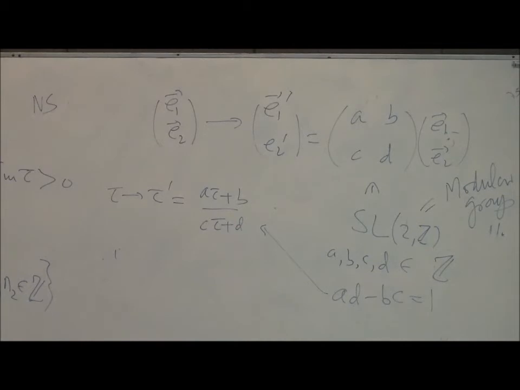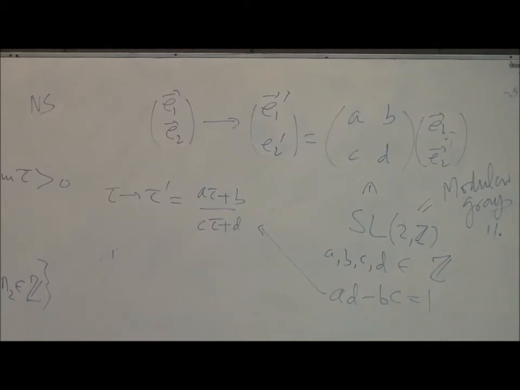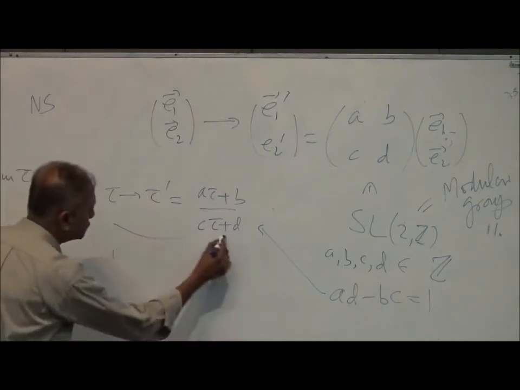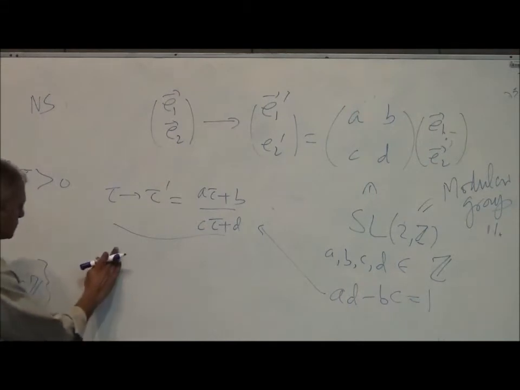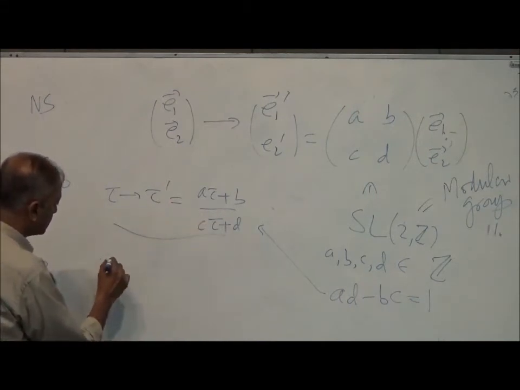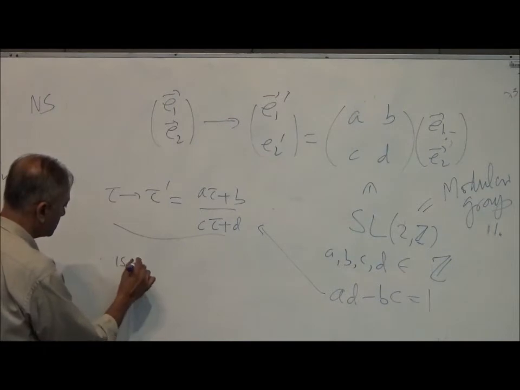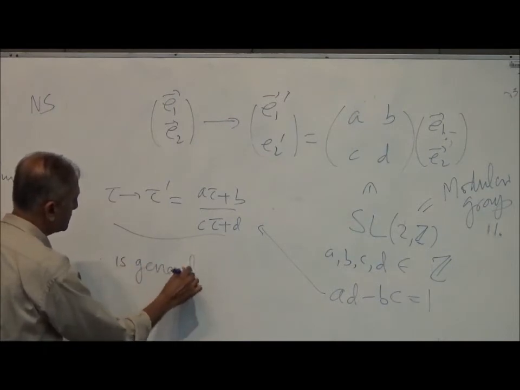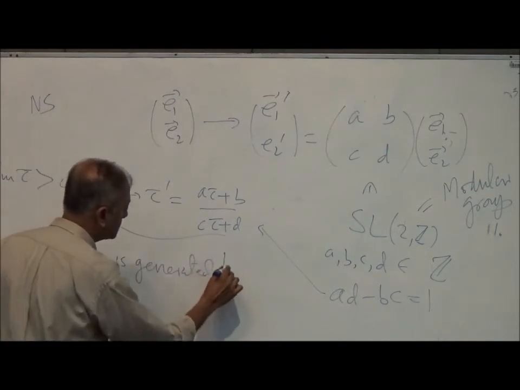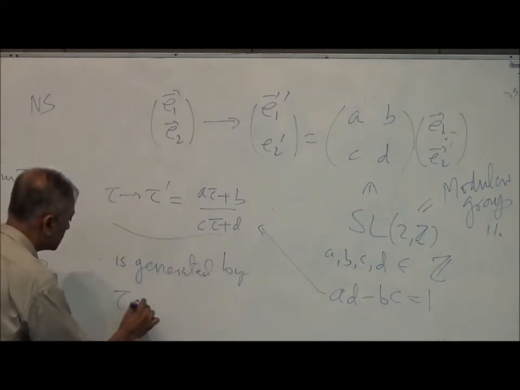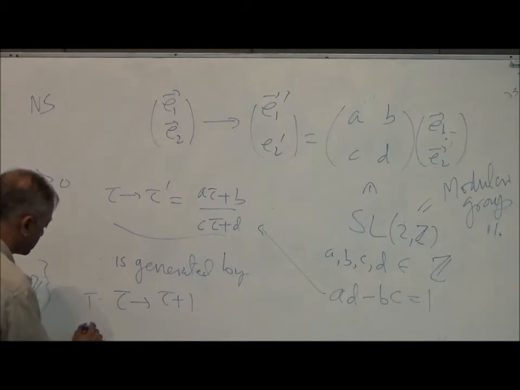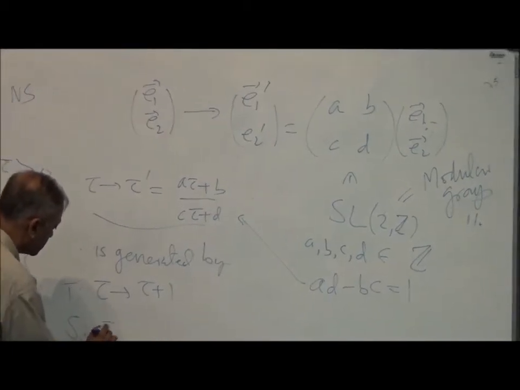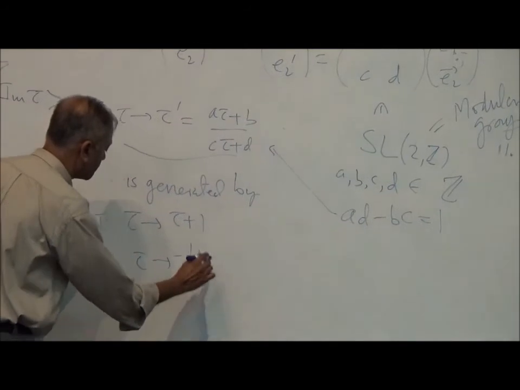And what we are saying is that the theory should be invariant under such a transformation. It's actually a little bit difficult to handle. There are too many transformations here. But it turns out that this entire SL2Z is generated by these two elements: tau going to tau plus 1, which sometimes people call the T transformation, and the S transformation, tau going to minus 1 over tau.